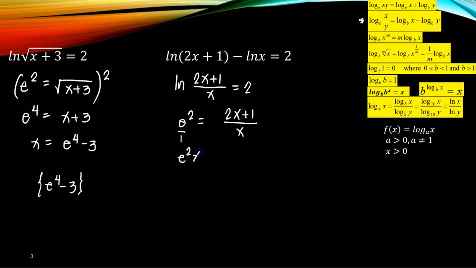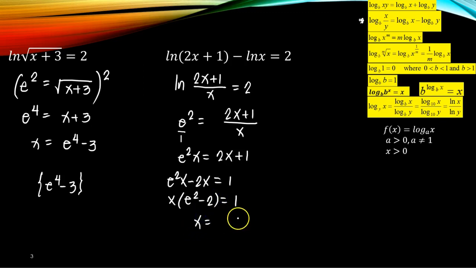This becomes e squared x is equal to 2x plus 1. E squared x minus 2x is equal to 1. Factoring out x, it's x times e squared minus 2 equals 1, or x equals 1 over e squared minus 2. Okay, so when you plug this in there, it makes both positive, so there's no problem. This would be the solution set, 1 all over e squared minus 2.